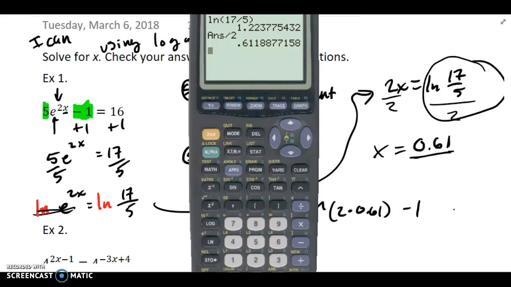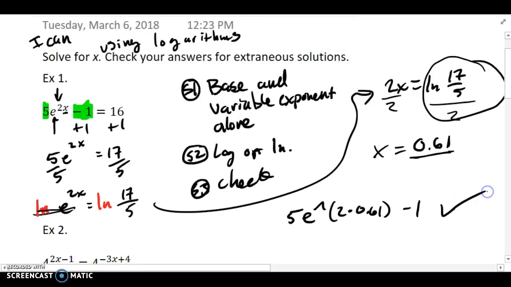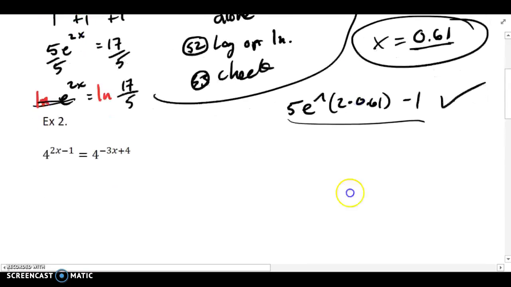So let's get our calculator back out. So I'm going to hit 5, second ln for the e, 2 times 0.61, close parenthesis, minus 1. Enter, and notice I get about 16, so this works. All right, so that is the right answer. Okay, so if you just write this out and then put a check mark next to it on your assignments or tests, that would work for me.